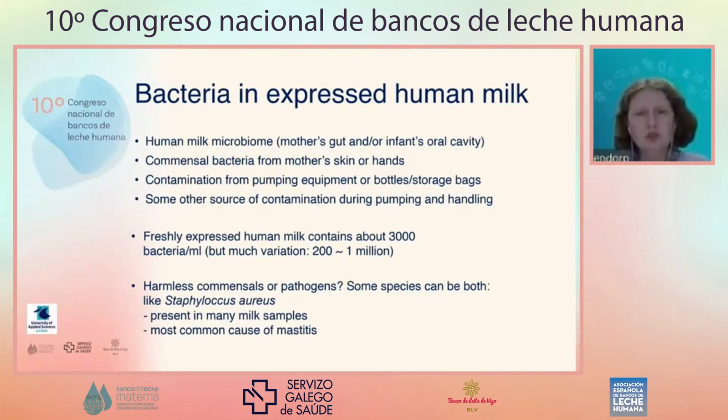And some bacterial species can be both. For example, Staphylococcus aureus is a bacterium that is present in many milk samples, and people carry the bacteria in their nose without any problem. But this bacterium is also the most common cause of mastitis.